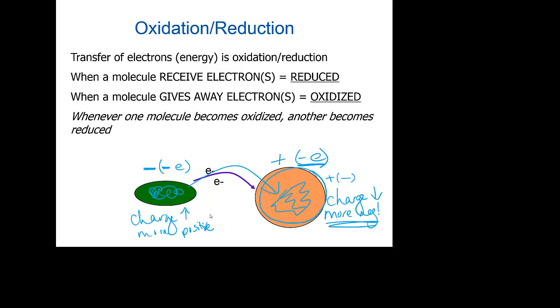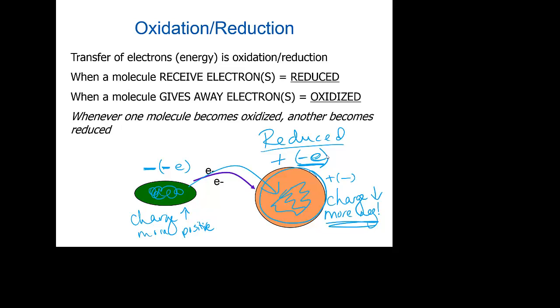Why do I walk you through that? Because when we talk about redox reactions, the circle on the right would be reduced because it's picking up electrons. This is always very hard for students. If you are accepting electrons, you are reduced. That doesn't seem right.